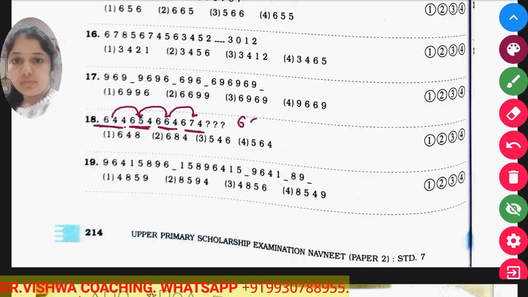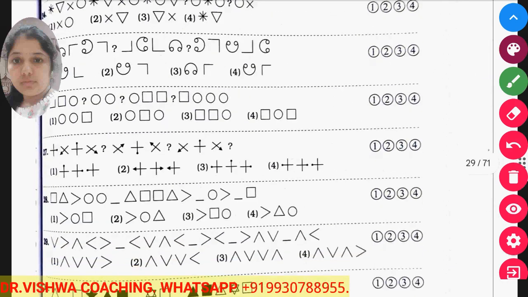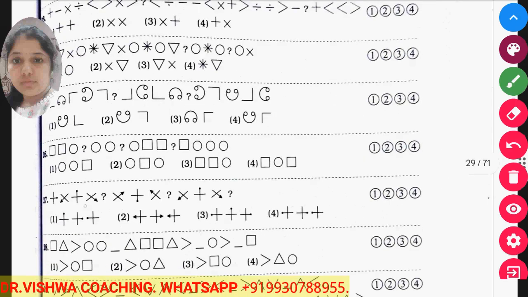So in the next pattern, 6, 8, 4 will be the pattern. So option number 2 is the correct option here. Like this you can solve the questions which are based on the sequence or the rhythmic arrangement of the numbers or the symbols. In symbols also you can solve like this only.